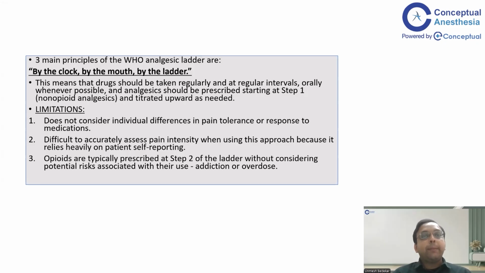Opioids are typically prescribed at step 2 of the ladder without considering potential risks associated with their use, that is addiction or overdose. Opioid addiction and overdose is a major problem in the Western countries, though in India, we are not grappled with that much opioid addiction per se. So we have to take care of all these factors while prescribing drugs under the WHO ladder.